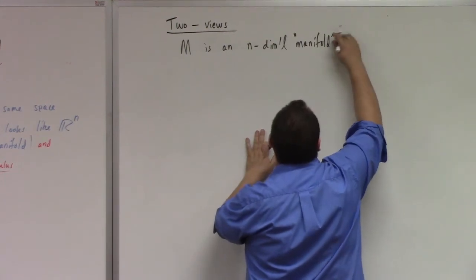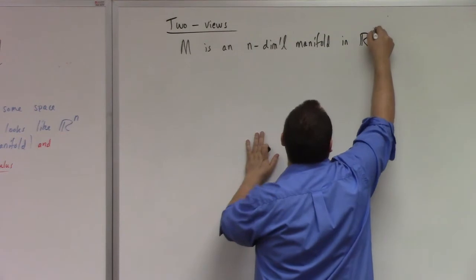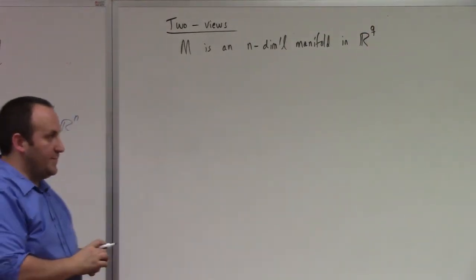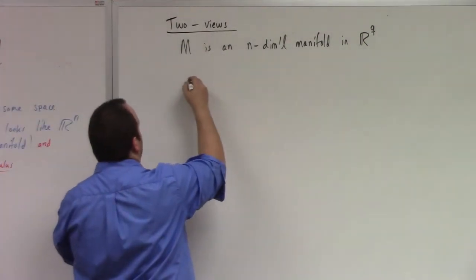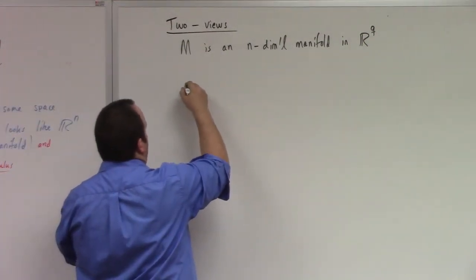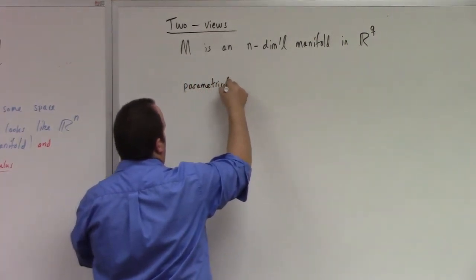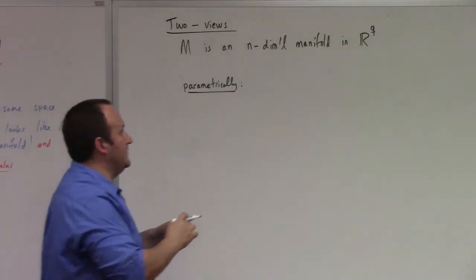Manifold, let me not do that. Manifold in RQ, okay? The two ways to look at that are parametrically, right? We can either look at it parametrically. All right, so parametrically, we would describe the manifold.